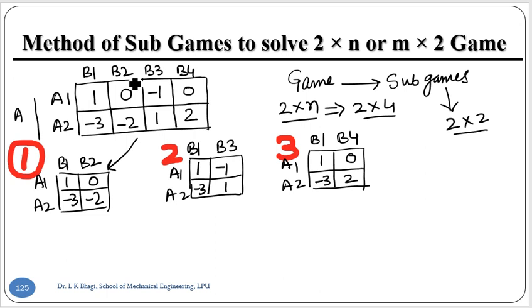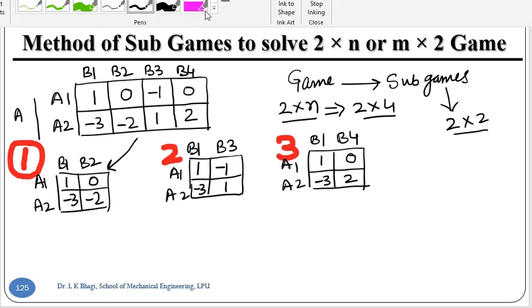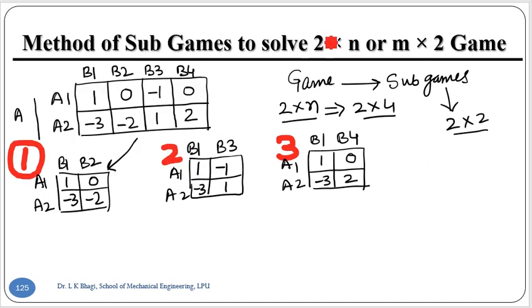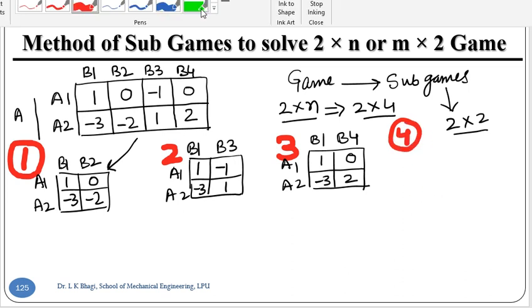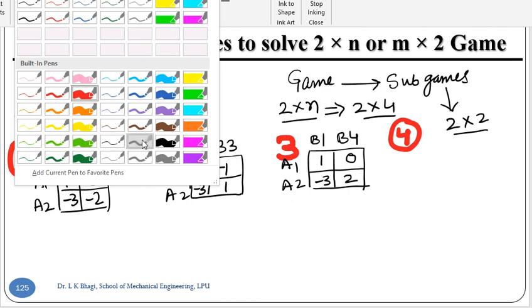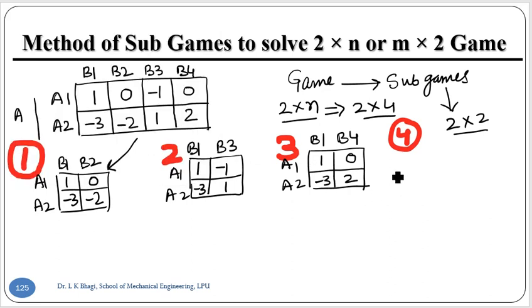Now we can try b2, b3. That means the fourth one we are going to write. The fourth will be again 2 cross 2. All the pair matrices will be of 2 cross 2 order.